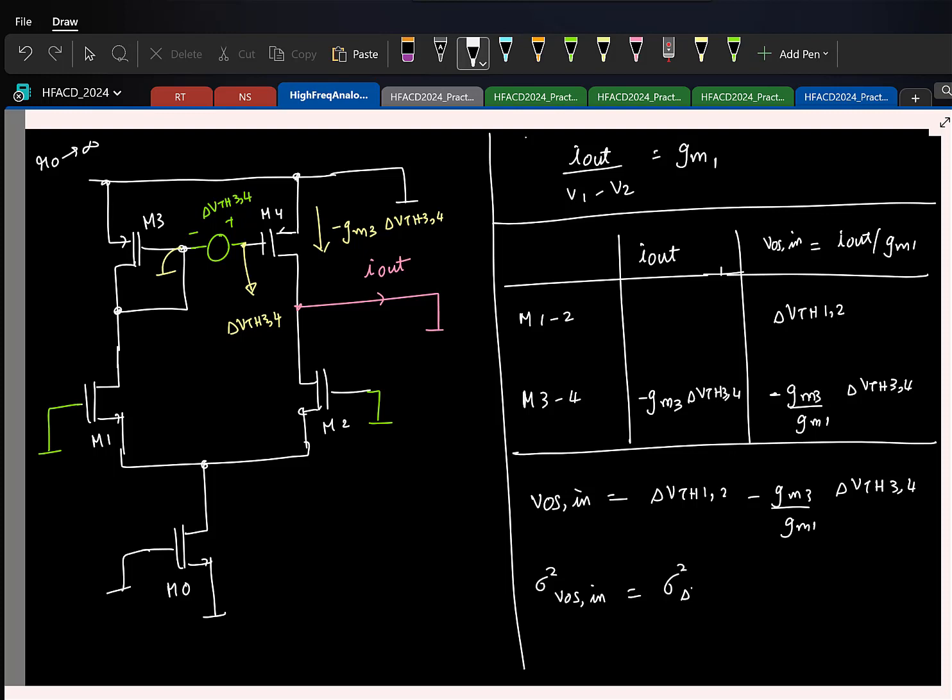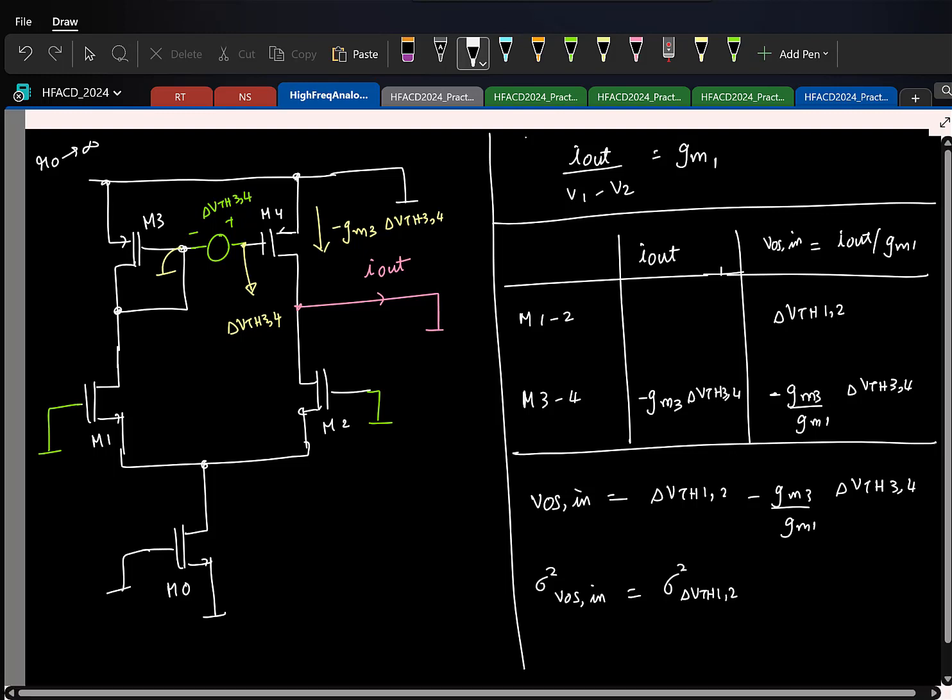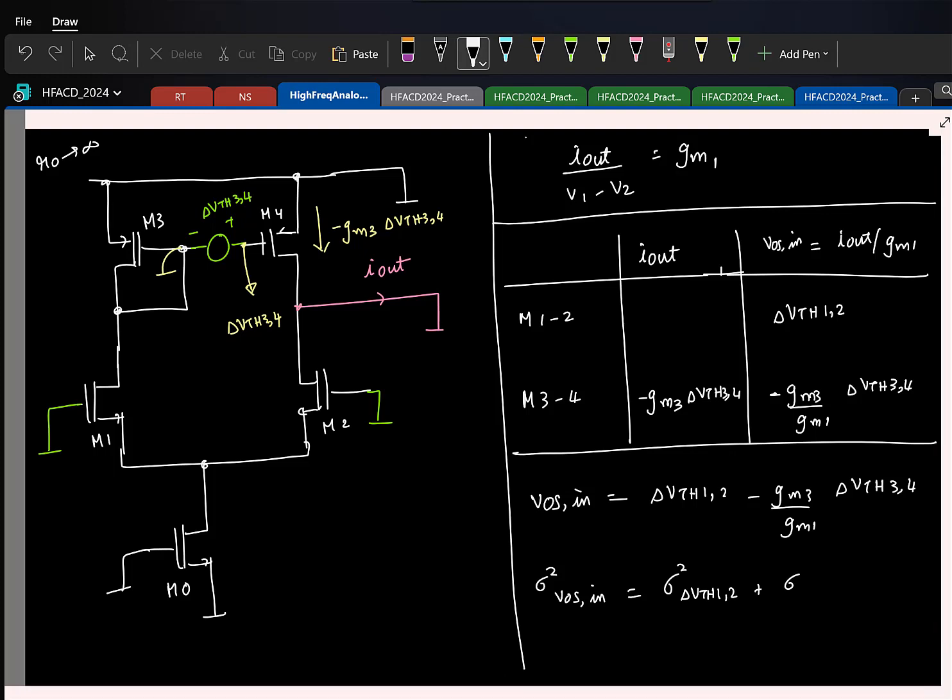Mean squares will add because they are again independent. And once again, sigma delta VTH you can write like this, some A VTH by square root of WL, right? So you can work it out.